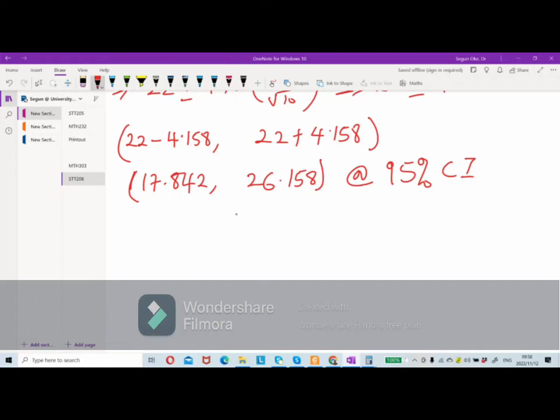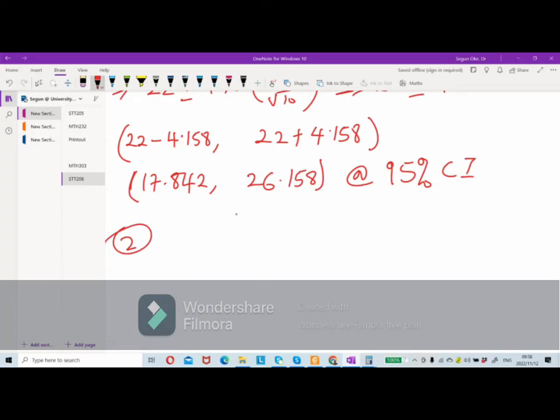So the same thing goes for when your n is greater than 30, and they give you all the necessary values. Okay, can we quickly solve this one on your own? I will just give you extracts.